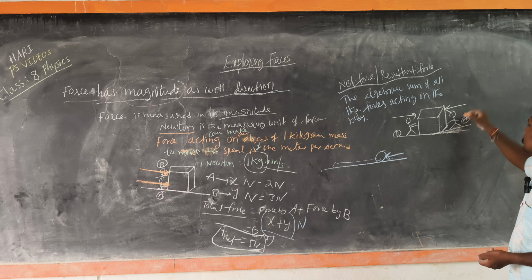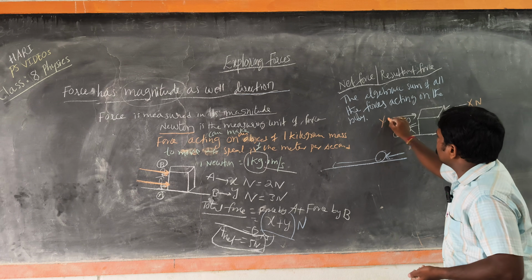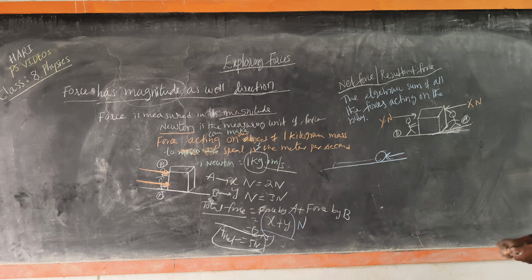So let us consider x Newton of force by A and y Newton of force by B. Person A applies force of x Newton from right to left, and person B applies force on the heavy box from left to right.